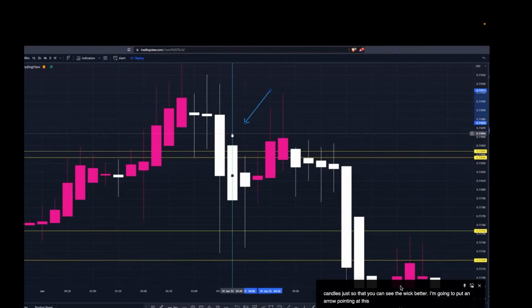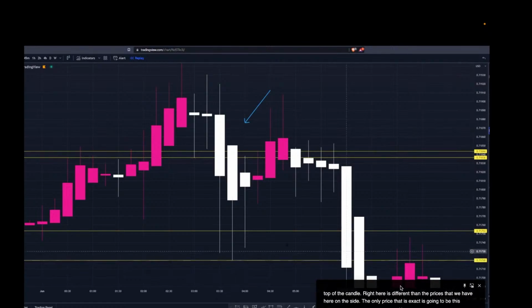So I'm going to remove this vertical line. And as you can see here, the top of the candle right here is different than the prices that we have here on the side. The only price that is exact is going to be this low point because it is a bearish candle. So this is the open, close, high, and low. So why is this important?